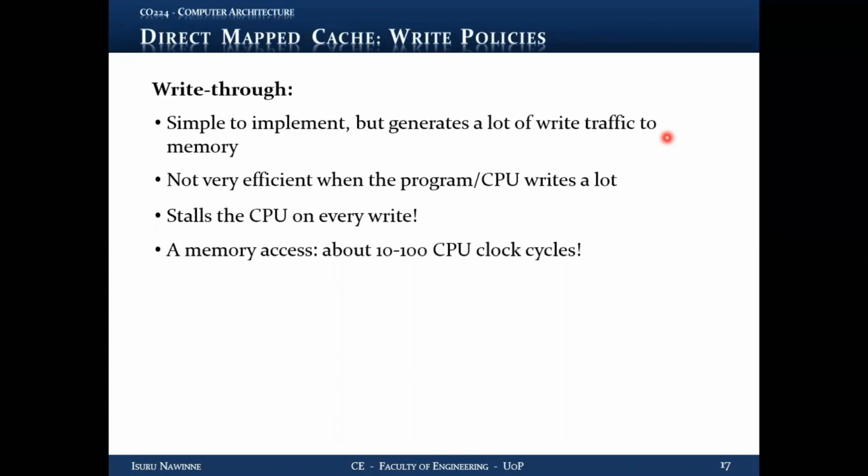Imagine when we were discussing the pipeline, we tried to reduce stalls, even 1 or 2 stalls. We tried to come up with different mechanisms to reduce those stalls. Now we are talking about having so many stall clock cycles. It doesn't add up, right? So what can we do to avoid this?